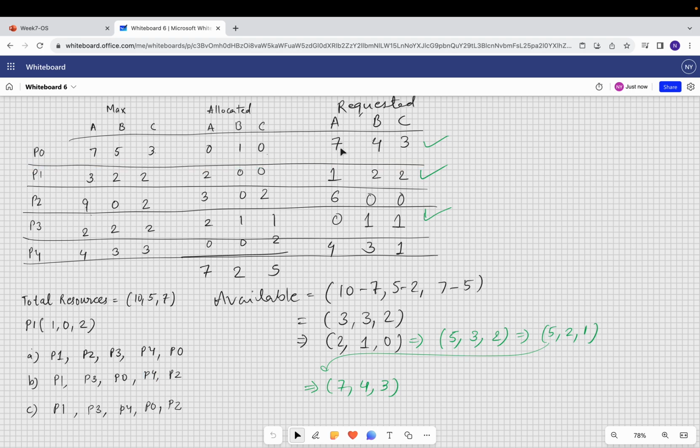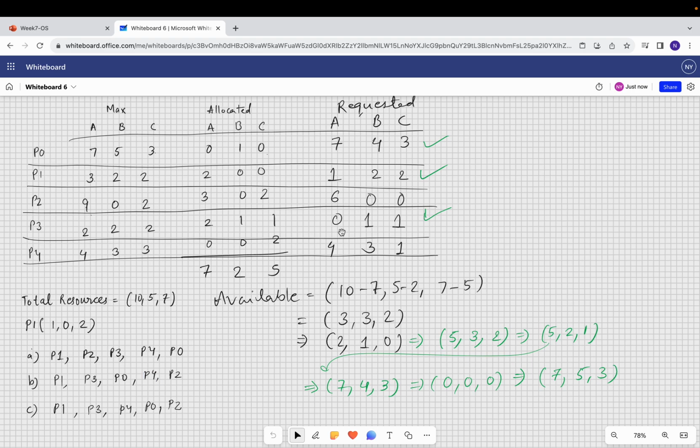After that it will release the resources: 7 units of A, 5 units of B and 3 units of C. Remember, you've been given all the units, so the available will be 0, 0, 0. And when P0 finishes execution, you will have 7, 5 and 3 left. That is when we executed P0.